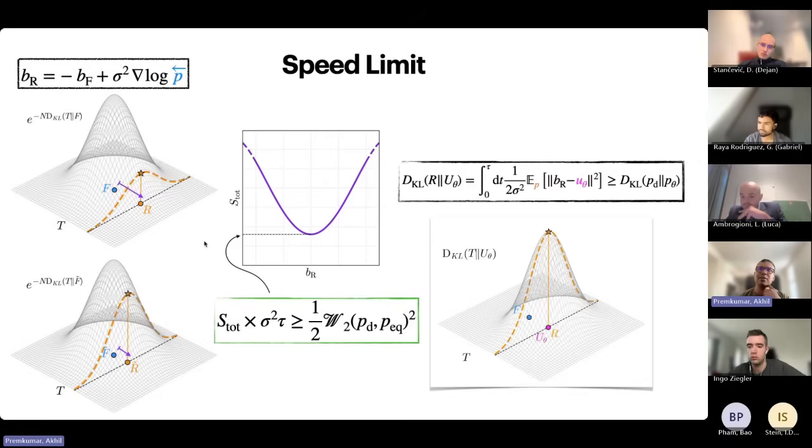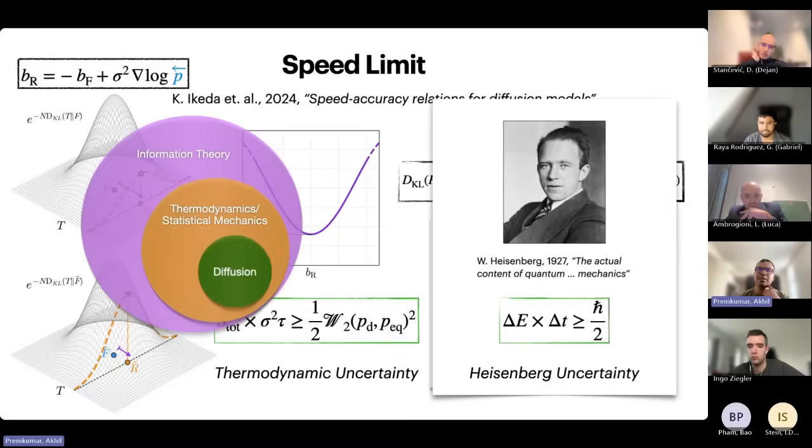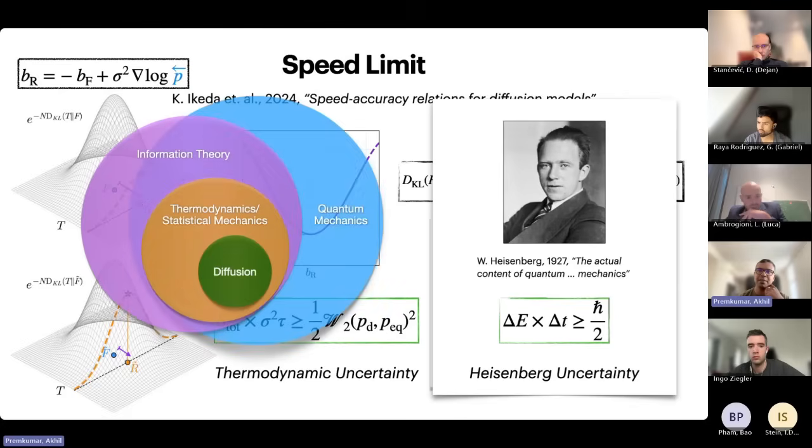All right. So like I was saying, the thermodynamic uncertainty is a standard result in stochastic thermodynamics, even without any connection to diffusion models, and it has a deep connection to Heisenberg uncertainty in quantum mechanics.